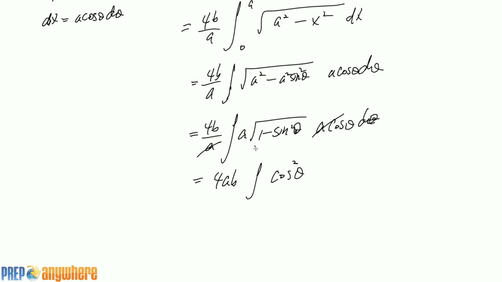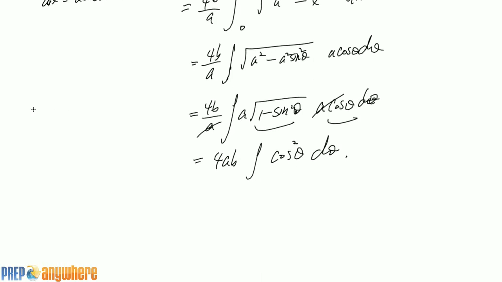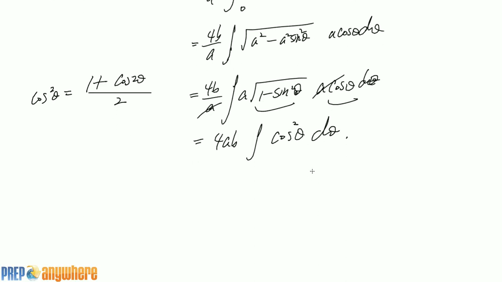We have 2 cosines, 1 from here, 1 from here. So do you guys remember how to take care of that? 1 plus cos 2x. Yes. You've got to use the double angle formula, right? So we get 4ab over 2 integral 1 plus cosine of 2 theta.